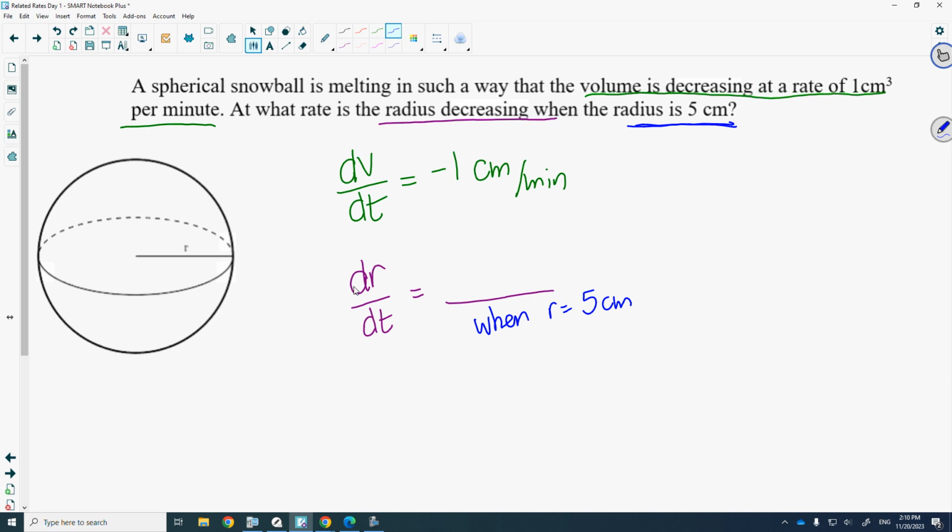Tomorrow, or later on, I'll give you one where you have a balloon that you're going to inflate. If I say, how does the rate of a balloon change? If you're inflating it, it would be a positive. This is going to be a negative number. Okay, so I need something with a formula with volume and radius. Abby, do you have what the volume of a sphere is?